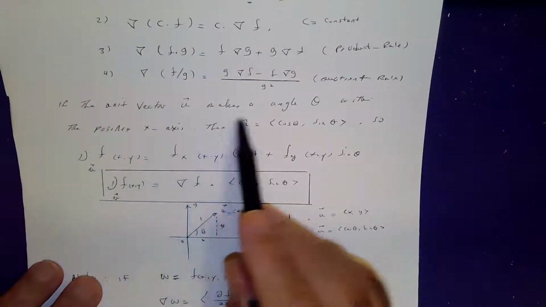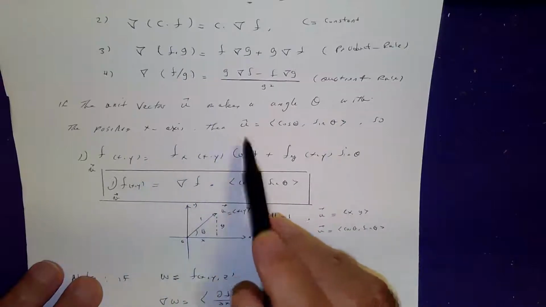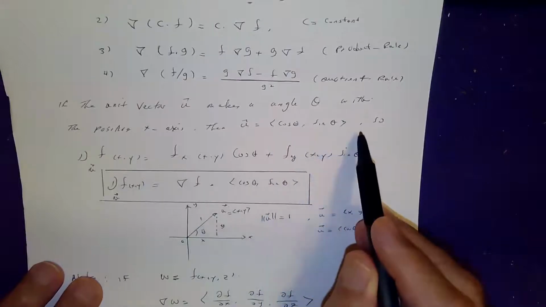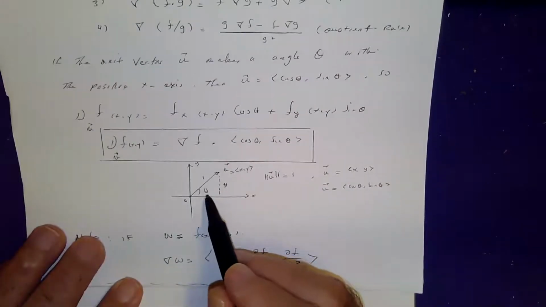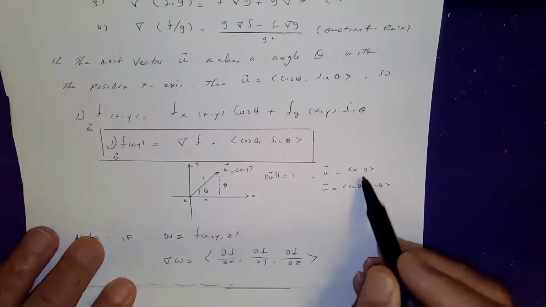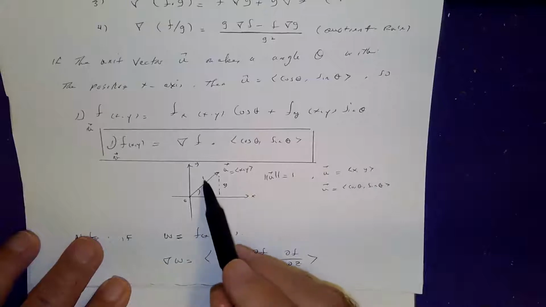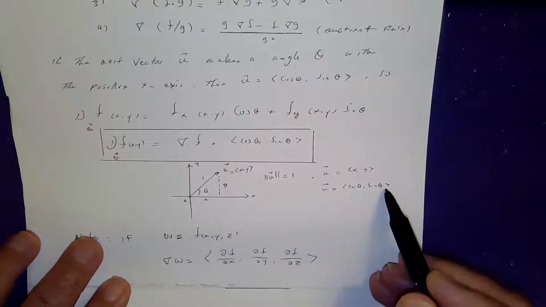If the unit vector makes an angle theta with the positive x-axis, then the unit vector can be expressed in terms of sine and cosine. How is that? If this is the unit vector, which makes an angle theta, and let's say its components are x and y, so x is 1 times cosine of theta, and y is 1 times sine of theta.